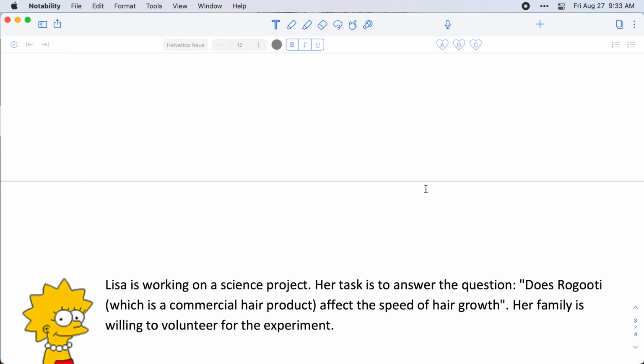I did Homer and Bart because Homer doesn't have hair. So I used him instead. So Homer was the control and Bart was the experimental. In an experiment, you need to keep everything else the same except for the hair product.